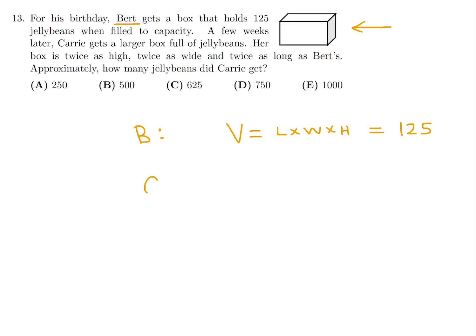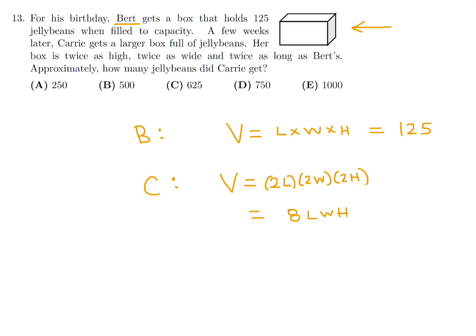So that's Bert, you've got Carrie, and her volume involves a box that is twice as long, 2L, and twice as wide, 2W, and twice as high, 2H. And they want you to figure out what this is in terms of a numerical value. So 2L times 2W times 2H, well, the 2's will multiply together to give an 8, and then you just have LWH.